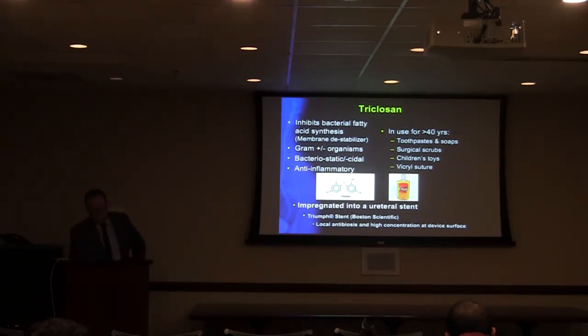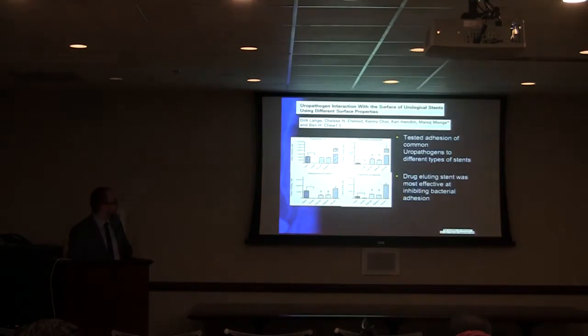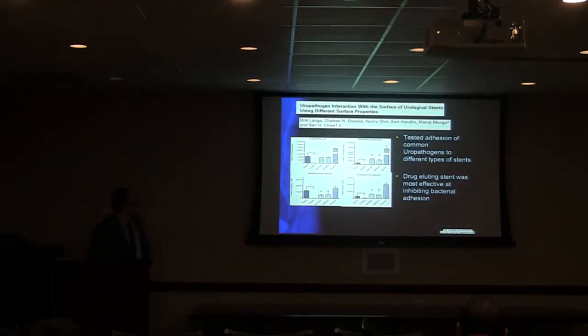So it was impregnated into a ureteral stent. It was called the Triumph stent. What was found in initial studies is that there were high concentrations at the device surface, concentrations that would be antimicrobial.